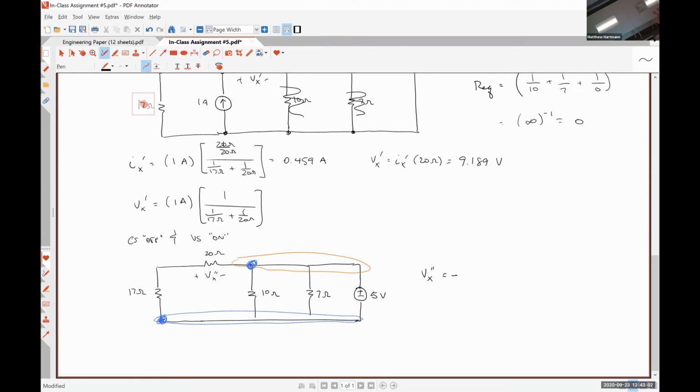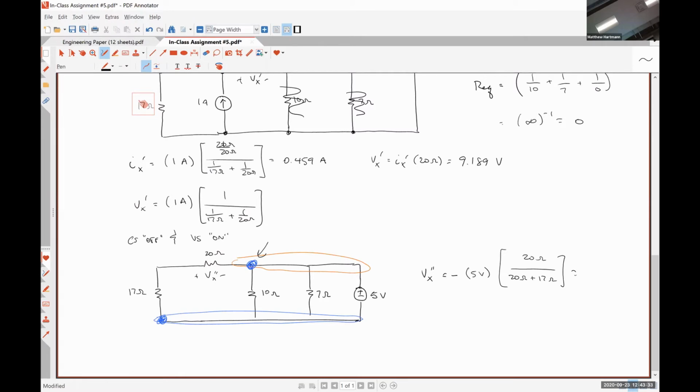And the reason why it's negative, if you look back at your notes or the video for voltage division, we are expecting, with the positive polarity terminal of the voltage source attached to this node, we are expecting plus minus plus minus, but Vx is defined with the opposite polarity. So we need to include that negative sign. So we're going to have negative 5 volts times 20 ohms over 20 ohms plus 17 ohms.